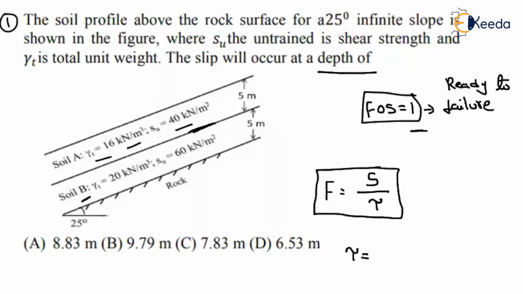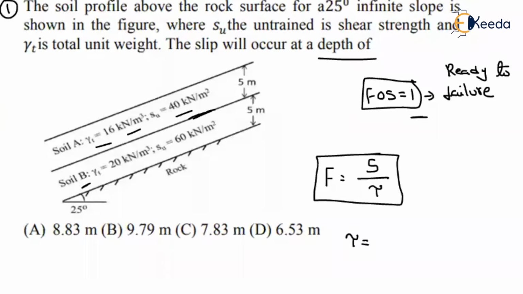So how can you find the tau here? Let me draw some conclusion here. We have already discussed in the theory, if there is an angle i, and you want to find the shear stress along this level, we consider a small element. What about the total weight of this element?